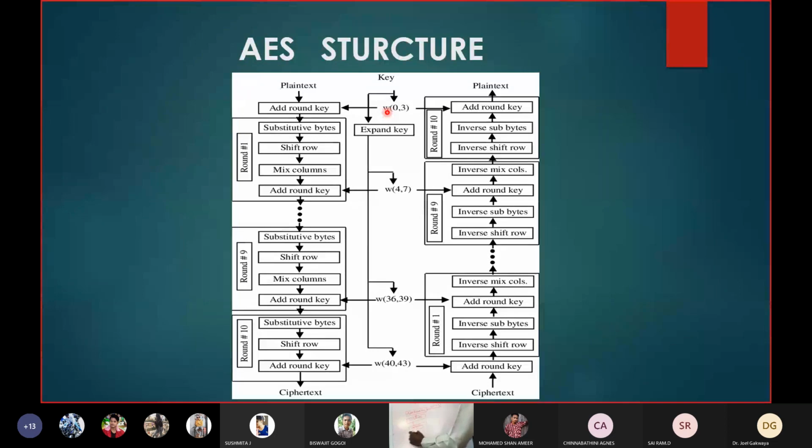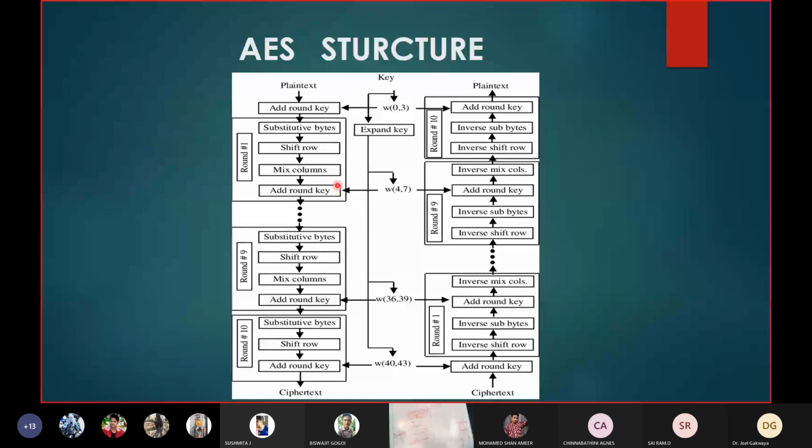When this step is done, we have the last one, add round key, in order to start the second round. So from here to here, this is going to form round 1.